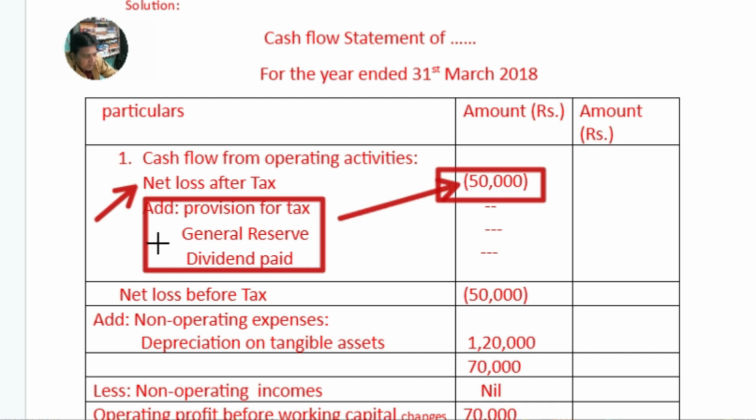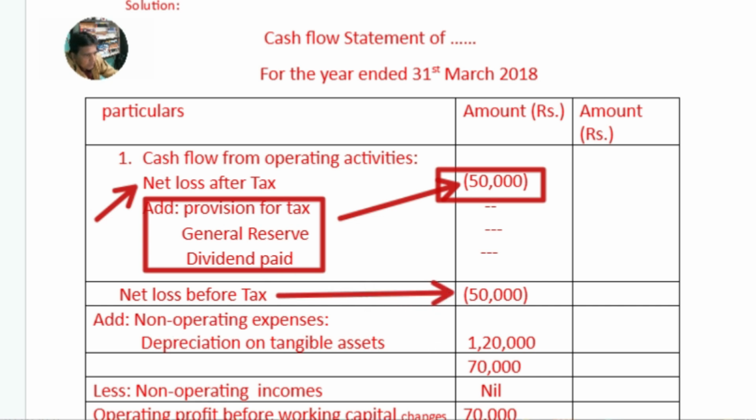But as per this question, all these three items are not given in the question. So here it is dash, nil. Then the balance will remain the same, and this is 50,000 negative, net loss before tax.